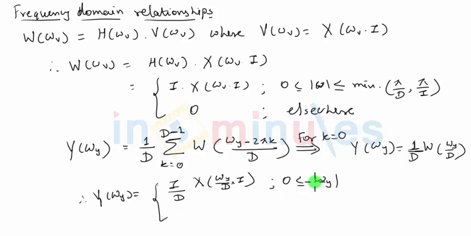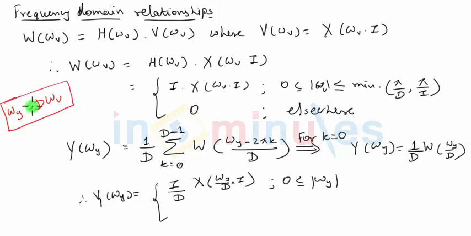Now see, we are suddenly writing the expression with respect to omega y. Now this was written with respect to omega v. This range was for omega v, and now we are writing the range for omega y. So you have to remember the relationship between them. Omega y, which is the output of the decimator block, will be nothing but d times omega v.